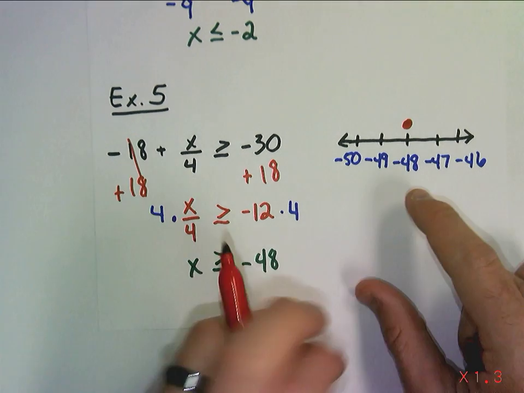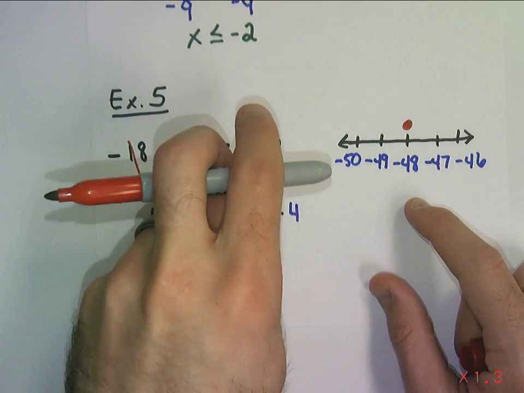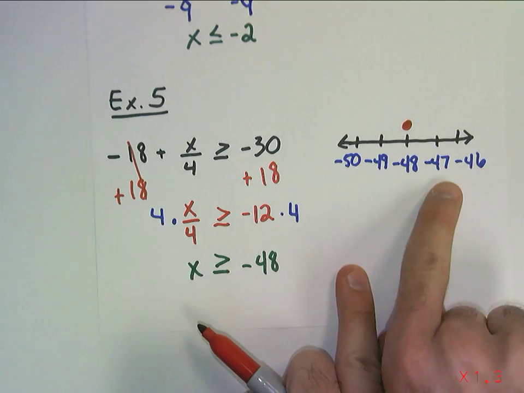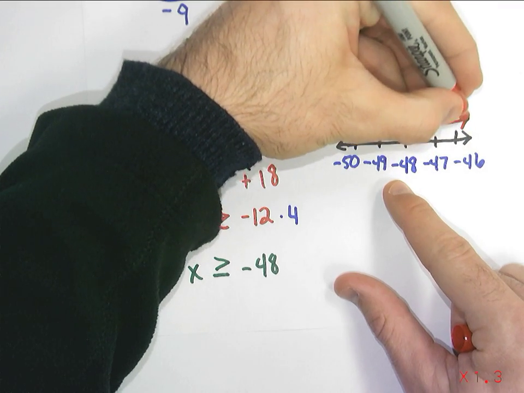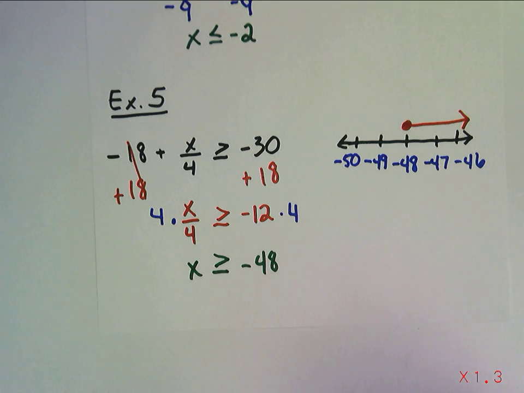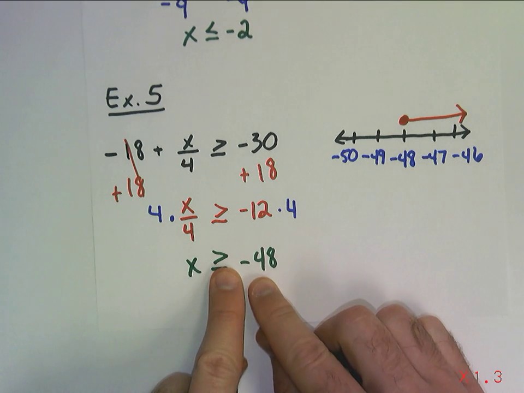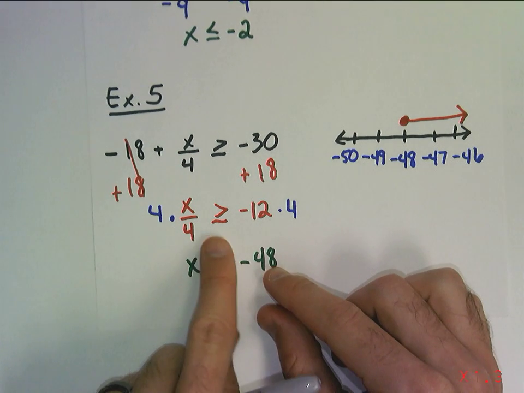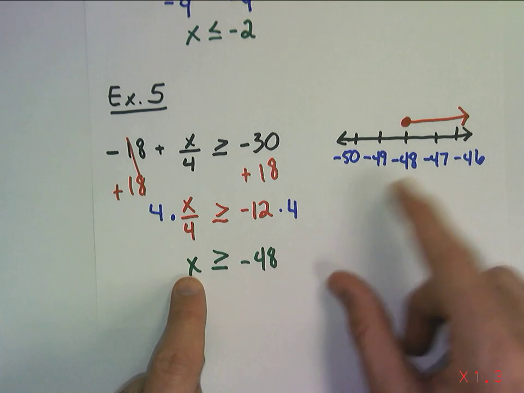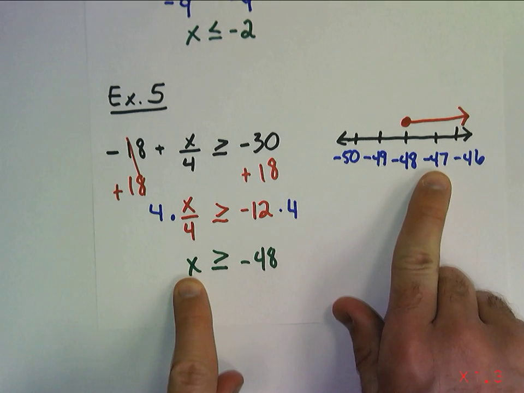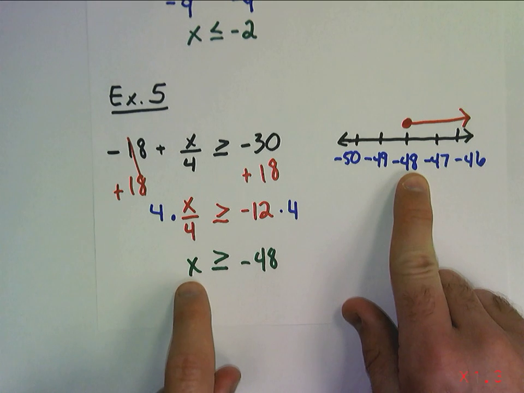So remember, with negative numbers, those aren't the ones pointing to the left. Those are actually smaller. With negative, it has to go to the right because those numbers are bigger. So your arrow should go that way, to the right. And remember, this shows you that, but you shouldn't just rely on that to understand which way the arrow goes. You should really understand that any number bigger or equal to negative 48 will make this true.